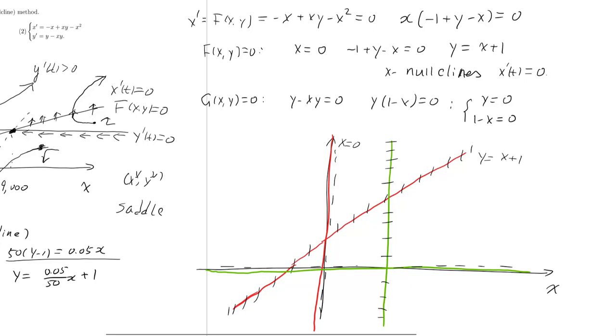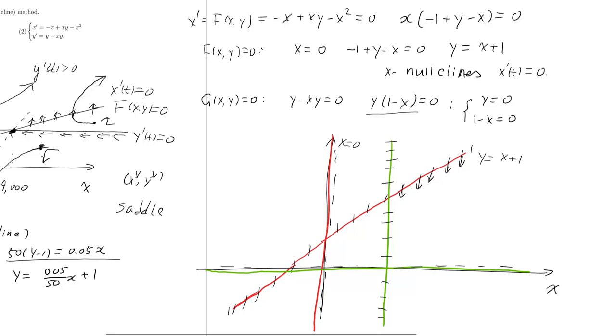Now we're going to determine the directions, or the signs of the derivatives. Let's look at the red one first. For the red one, we look at y because x is already 0. So that means we are looking at this expression over here. Now if x is bigger than 1, 1 minus x is negative. So when y is positive, this is negative. So here we have arrows going downward.